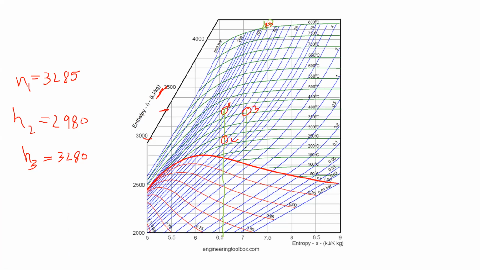On this position, just draw a straight line and mark the fourth state at a pressure of 10 bar. This is the 10 bar line. The 10 bar line is just touching this line at this position.